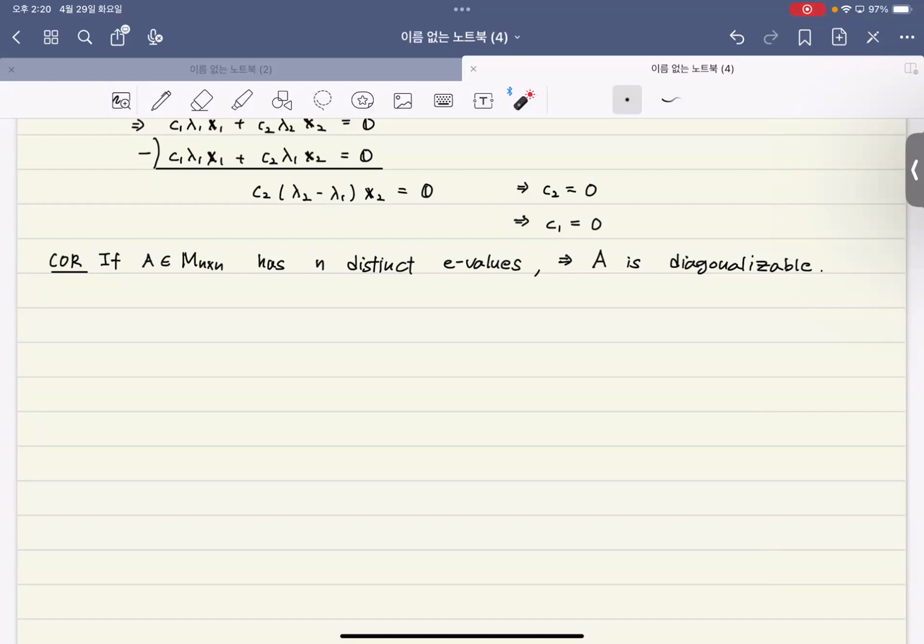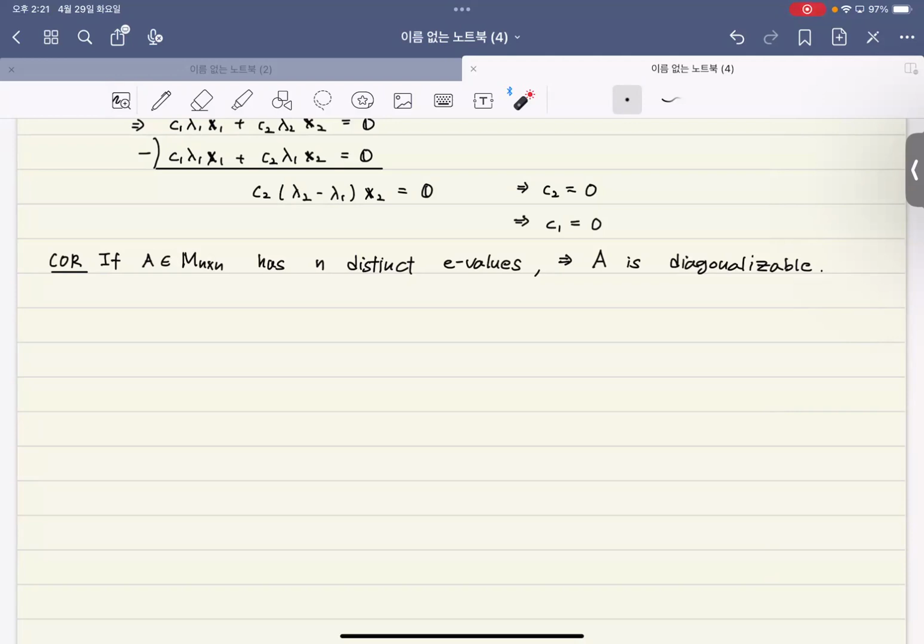Suppose that your matrix is a 3 by 3 matrix, and the characteristic polynomial has one double root and one distinct root. In that case, you have repeating eigenvalues, and you cannot guarantee the linear independence of the eigenvectors.